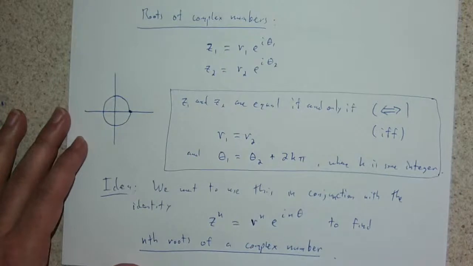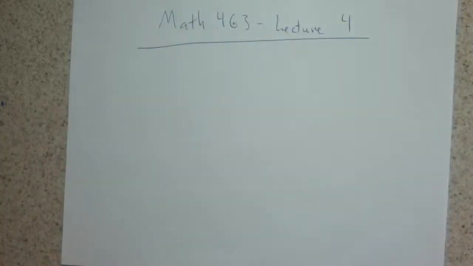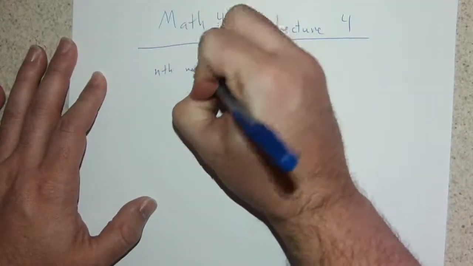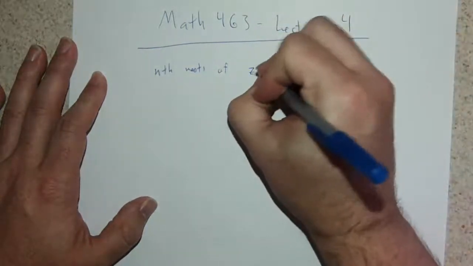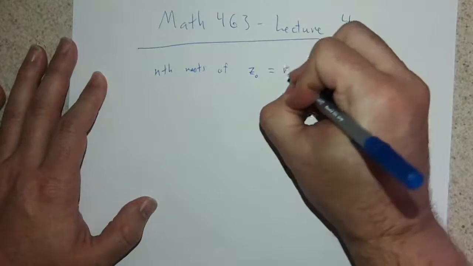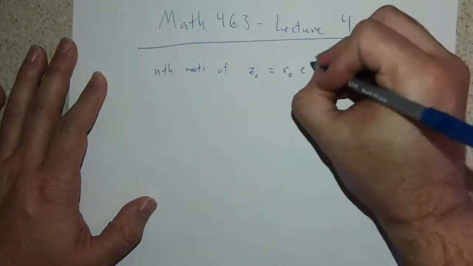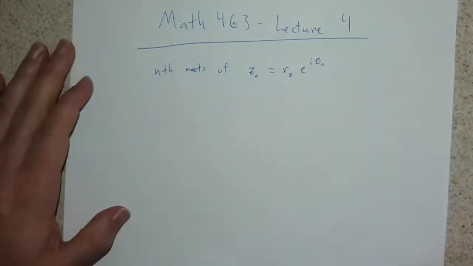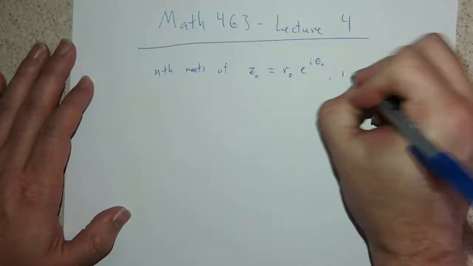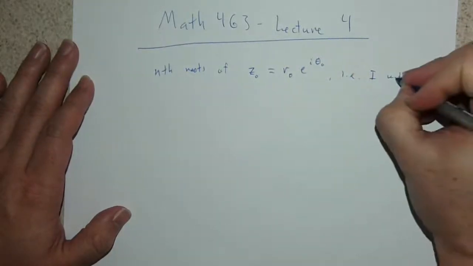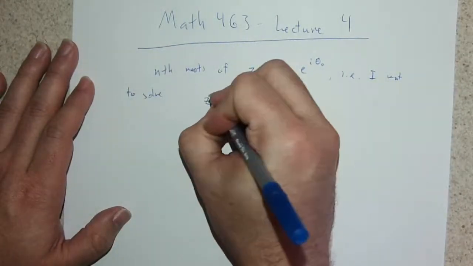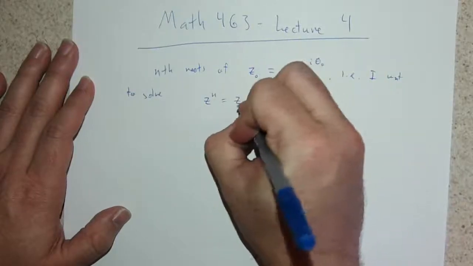So what does it mean if I'm finding nth roots of a complex number? If I wanted to find the nth roots of some complex number, say z naught, where z naught is r naught e to the i theta naught, it means I want to solve the equation z to the n is equal to z naught.